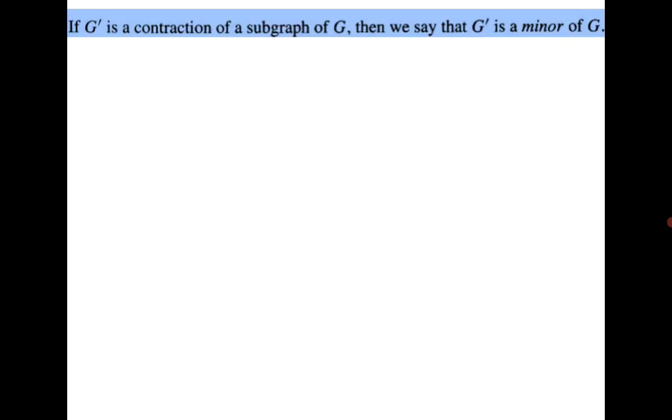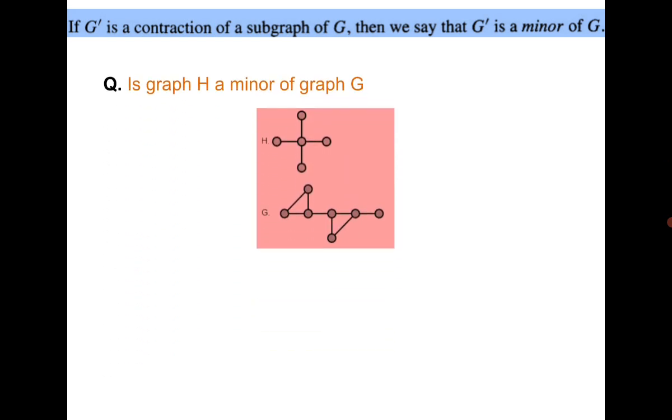So if G dash is a contraction of a subgraph of G, then it is a minor of graph G. Let's see an example. Check if H is a minor of a graph G, which means you need to find a subgraph of G which if contracted would lead you to graph H. So it's quite simple.